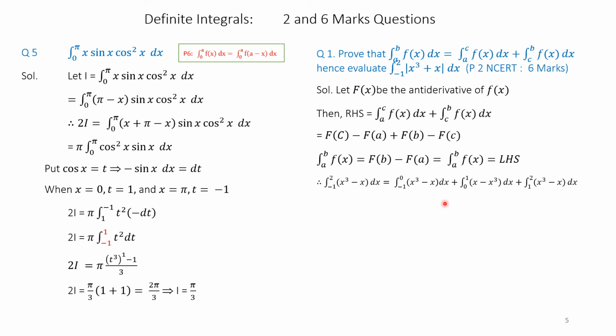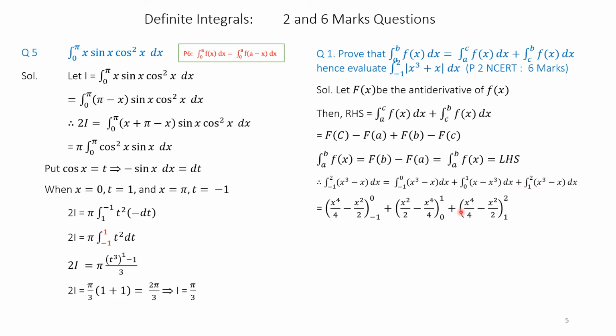The first and third terms are positive due to their limits, whereas the integral 0 to 1 of x minus x cube is taken with the sign reversed because x cube minus x is negative there.